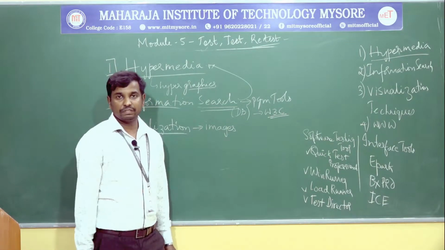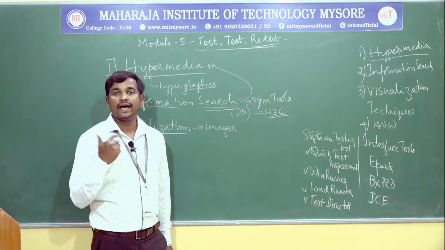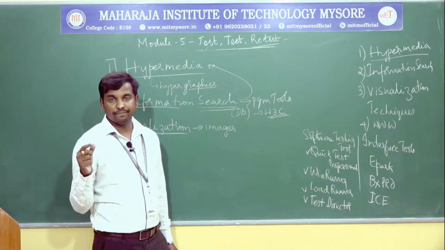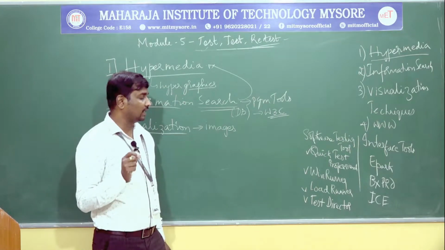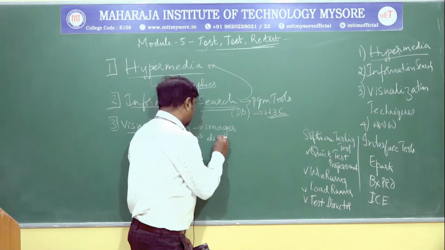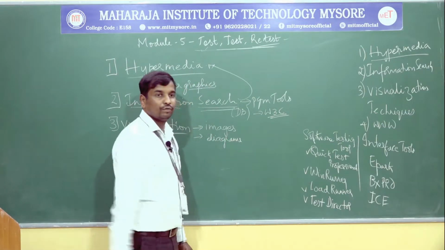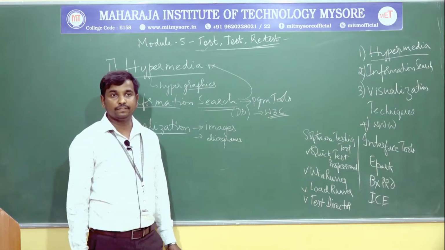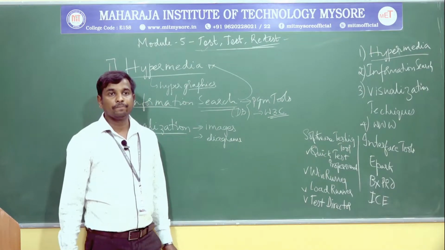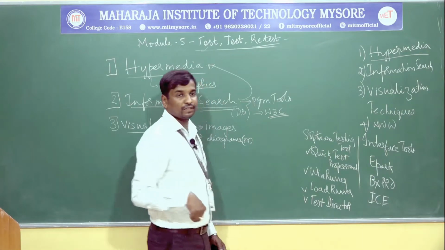The images we present should consume less memory and less processing time for access. Visualization should also be done for diagrams. Sometimes we do not use appropriate sizes for the diagrams.